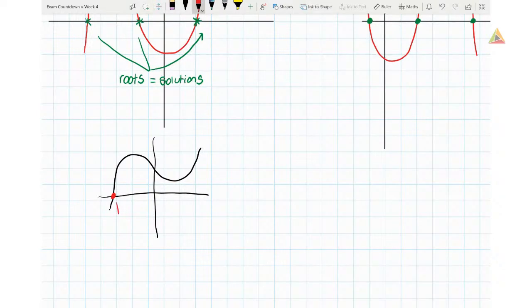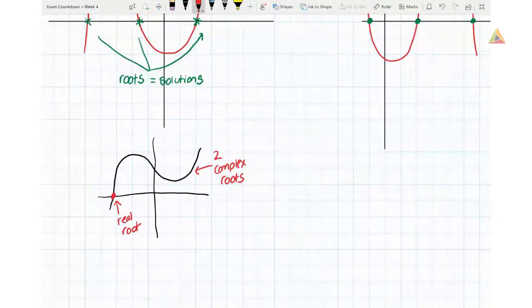But this is its only real solution. So that's its only real root, which means the other 2, if they're not real, must be 2 complex roots. We dealt with complex numbers the 2 weeks previous to midterm. So this particular type of cubic equation has 1 real root.